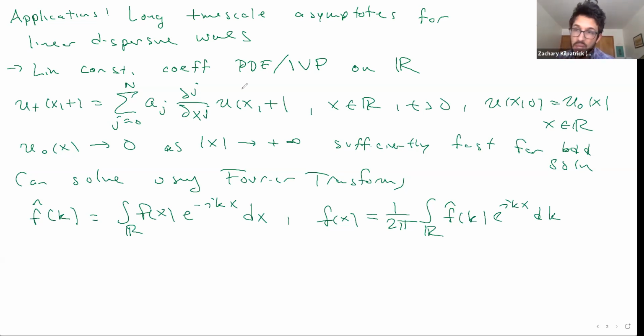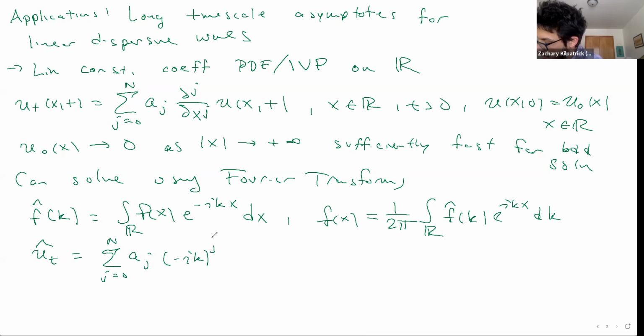Derivatives just become products with your Fourier variable. You can solve it as a linear ordinary differential equation, and invert back. So the idea then is that u hat sub t is going to be equal to the sum from j equals 0 up to n of a_j times (minus ik) to the j times u hat.